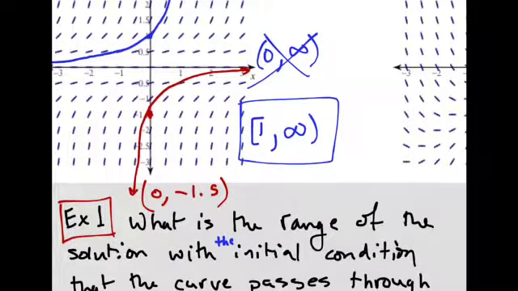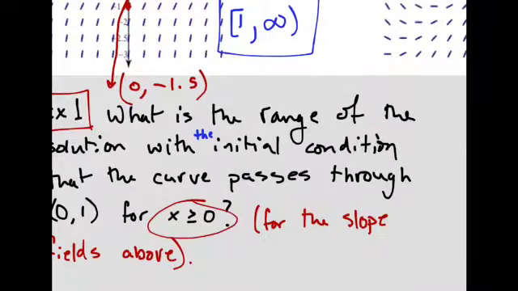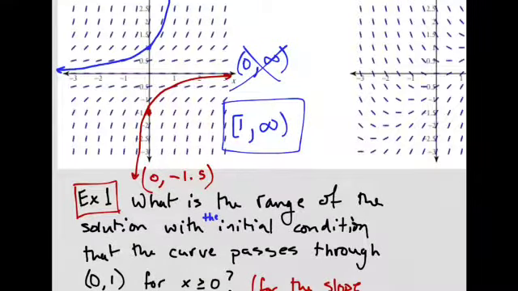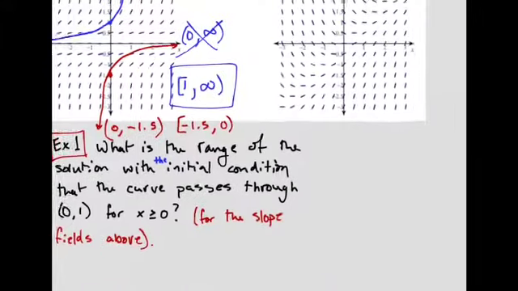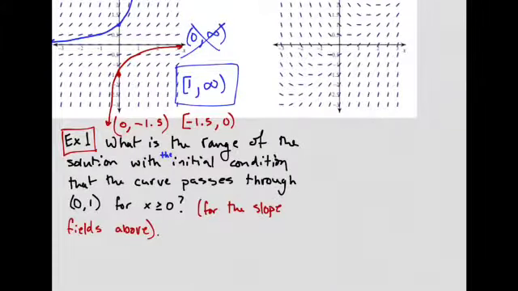Then the answer here would be, if I had the same conditions where I'm looking at x greater than or equal to 0, I would start at this point. The lowest point would be -1.5, and I do include it because that's on my y-axis. And I go all the way till 0, and I would say it doesn't include 0 because it looks like an asymptote. So there we go. That's how you do that.